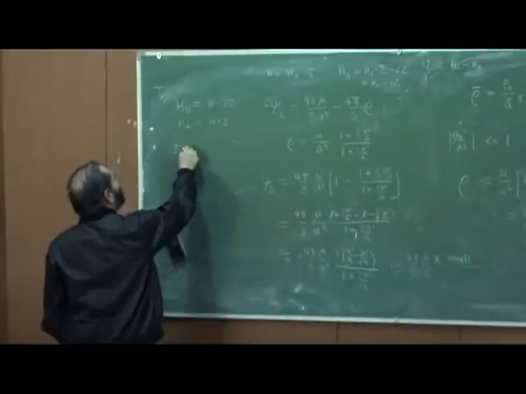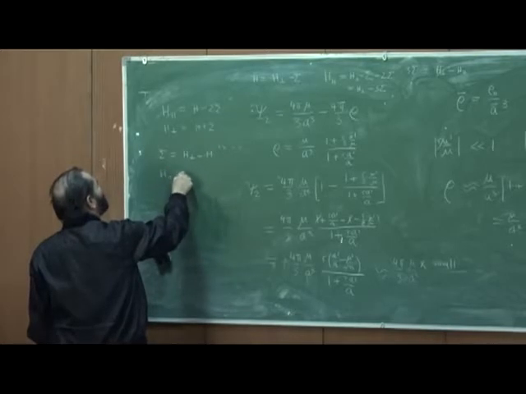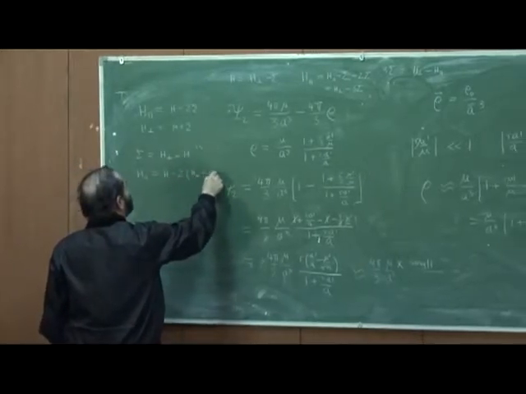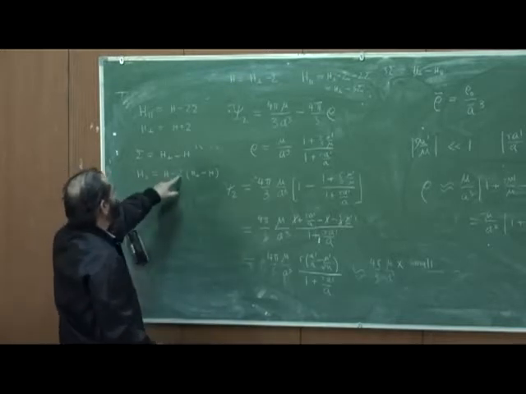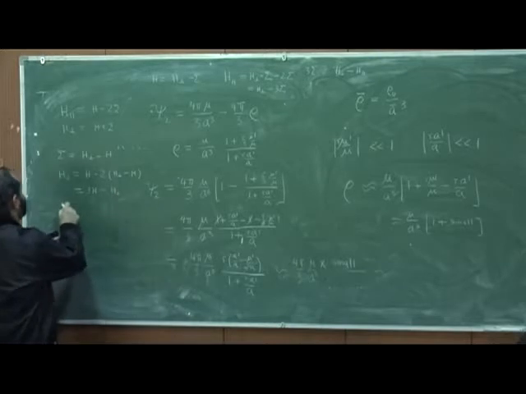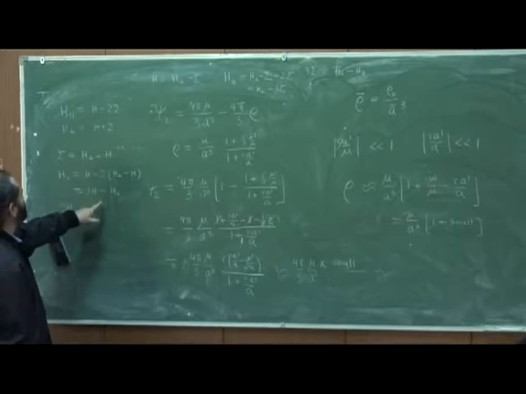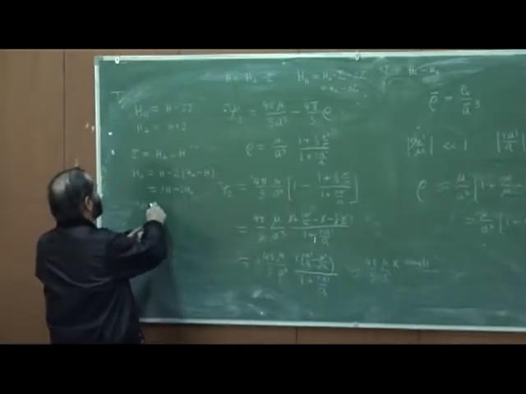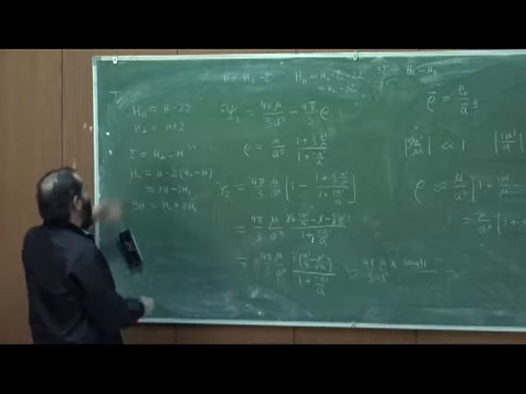Again, we eliminate sigma: sigma is H perpendicular minus H. You substitute it in the other one: H parallel equals H minus 2 times H perpendicular minus H. So 3H will be H parallel plus 2H perpendicular. And then you divide by 3.